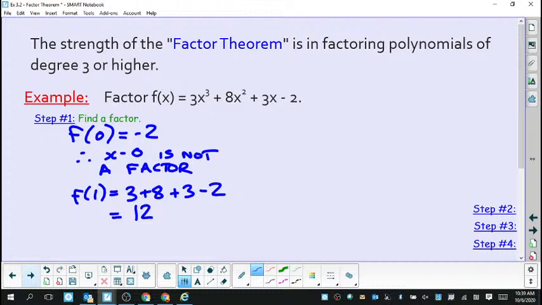Is x minus 1 a factor? No. Since f of 1 does not equal 0, therefore x minus 1 is not a factor.